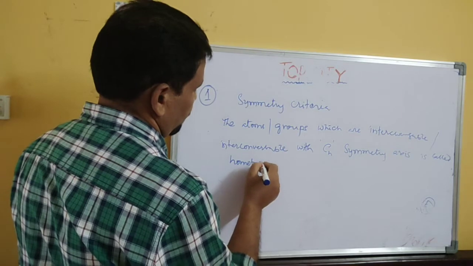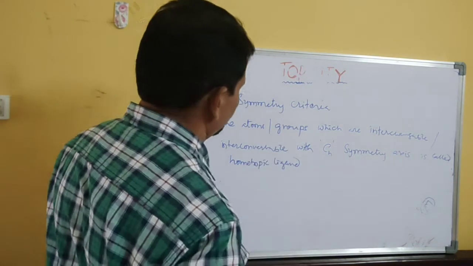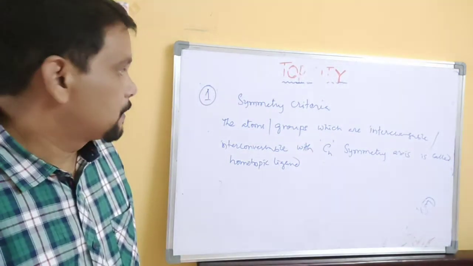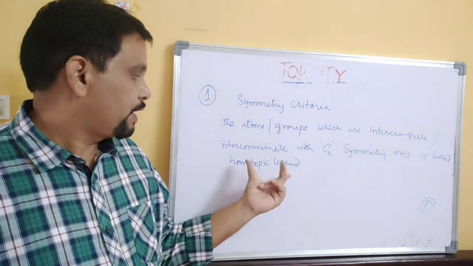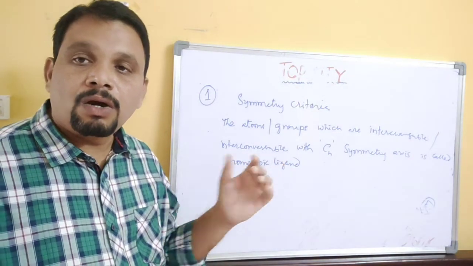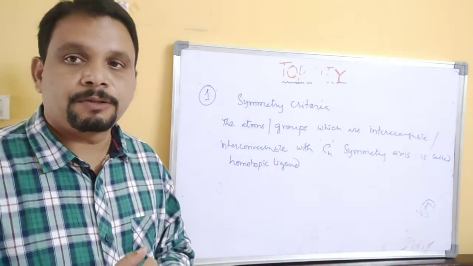So on the basis of symmetry criteria, we can define homotopic ligand. How are we going to identify them?